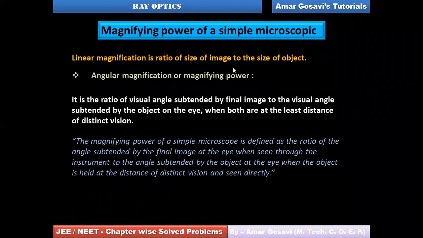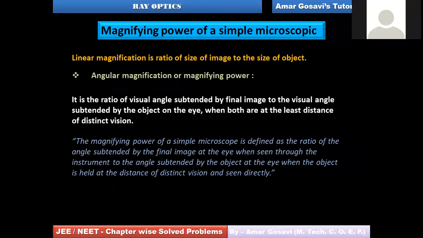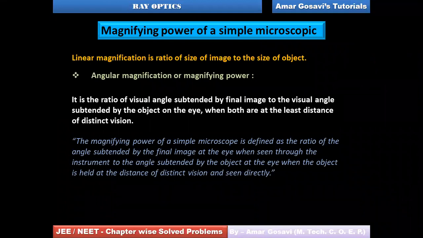Here comes an interesting concept: how we work out the linear magnification of a simple microscope. We have studied the power of a lens. Now we will study the magnifying power of a simple microscope, and how we work it out. In a way, it's a ratio of the visual angle subtended by the final image to the visual angle subtended by the object at the eye.